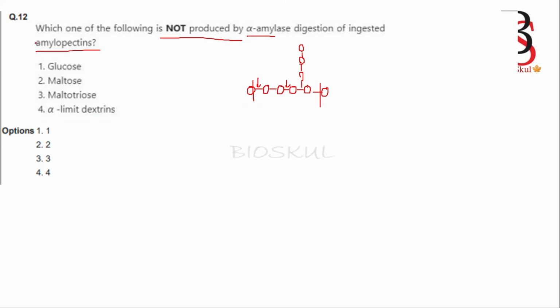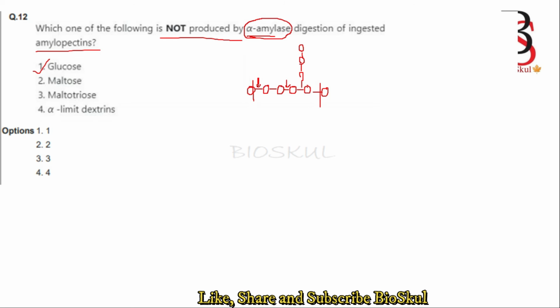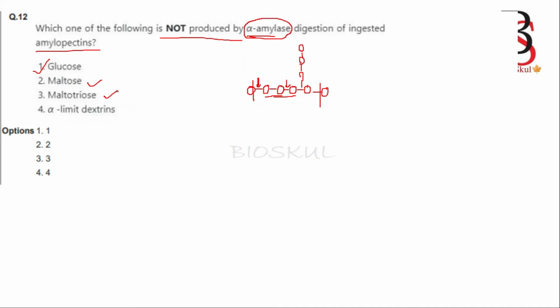It will never produce the glucose molecule. The correct answer will be glucose. For answering this question, you just have to know whether alpha amylase is an endoenzyme or exoenzyme. Alpha amylase is an endoenzyme, so it will cleave the alpha 1,4 linkage. If there are 2 glucose molecules, that will form maltose. If there are 3 glucose molecules linked by alpha 1,4 linkages, it will produce maltotriose.